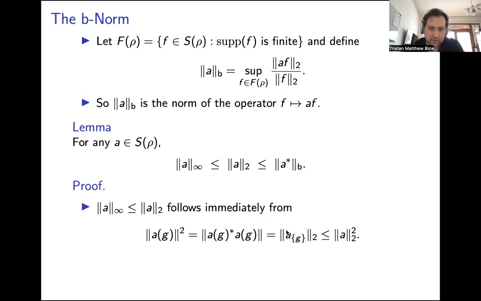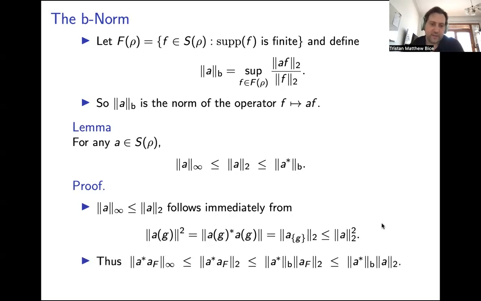But put another way, this is just the 2 norm of A restricted to some single element of my groupoid, some single G. And we know that these 2 norms are increasing with respect to increasing restrictions, right? So this is in particular below the 2 norm of A, or if you like, the 2 norm of A is defined as the supremum of the finitely supported guys. In particular, it has to be above this singleton supported restriction A_G.